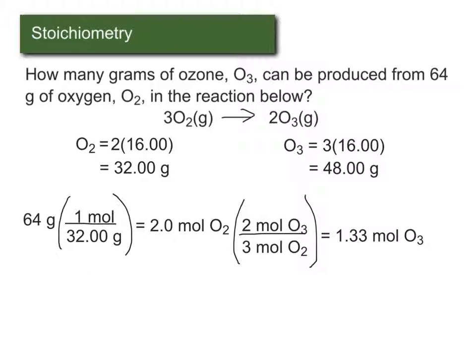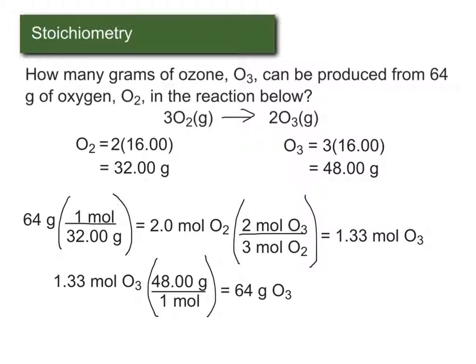Now, we know that the molar mass of ozone is 48, which we just calculated. So if we do 1.33 moles of O3 times 48 grams per mole, that gives us 64 grams of O3. Actually, we didn't have to go through all these steps for this problem, but I wanted to do it just for practice. What you can see is we only have 1 reactant and 1 product.